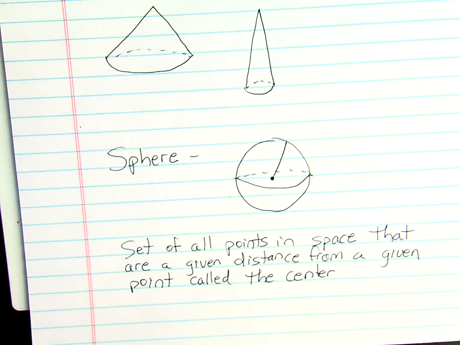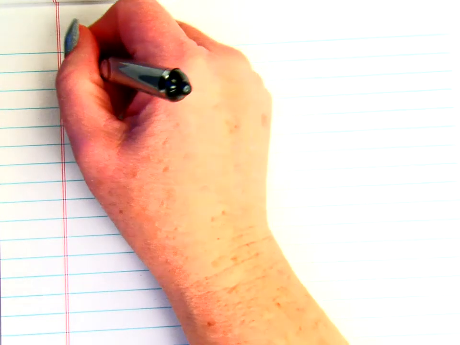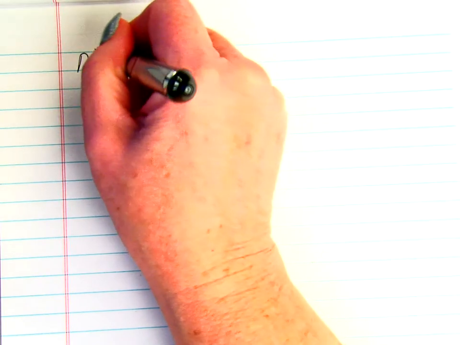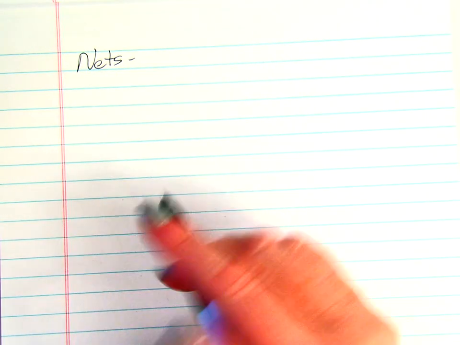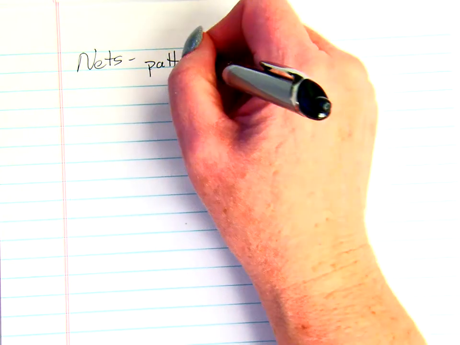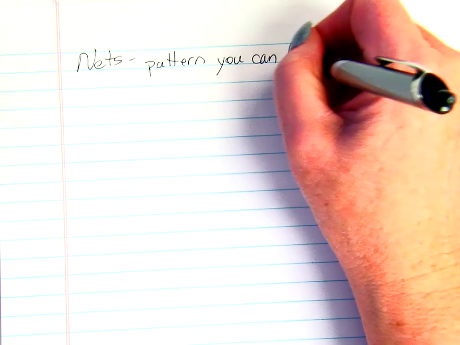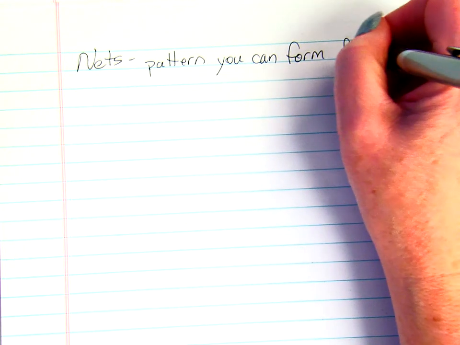What are the other things that we're going to talk about in this section? We're going to talk about nets. And I think we talked about it a little last year, but nets are patterns you can form from a space figure.